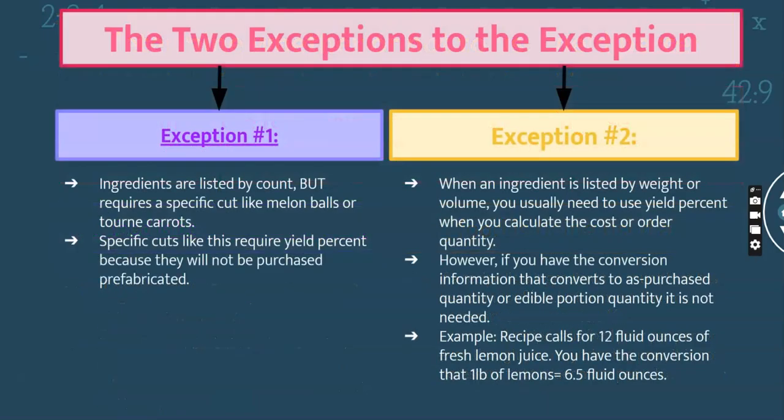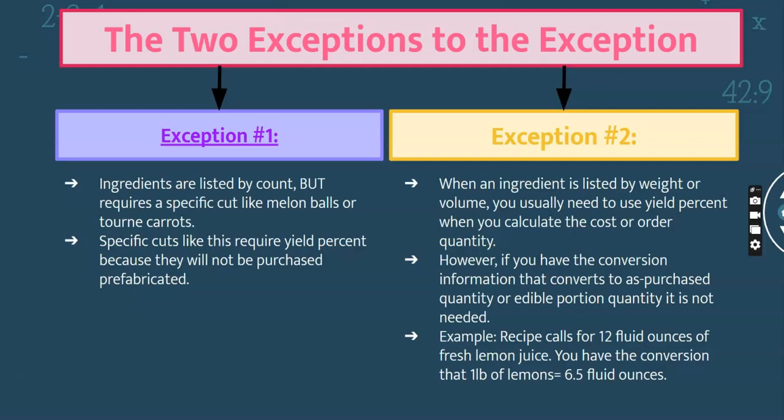So there are the 2 exceptions to the exception. Exception number 1: ingredients are listed by count, but require a specific cut, like a melon ball or a tournée carrot. Often when you see those scenarios where there's a specific cut, there's going to be a lot more trim. So in most cases, you need to account for the yield percent because they don't sell those things prefabricated or pre-cut.